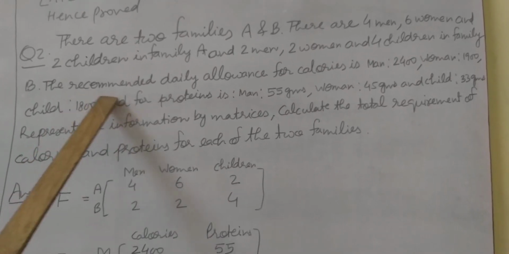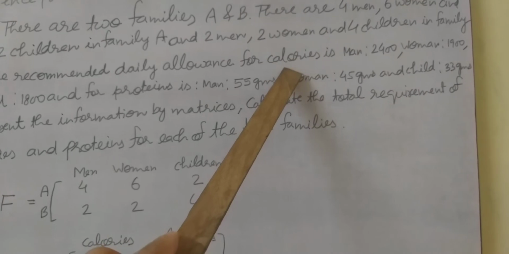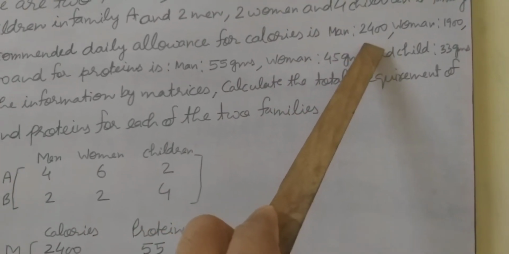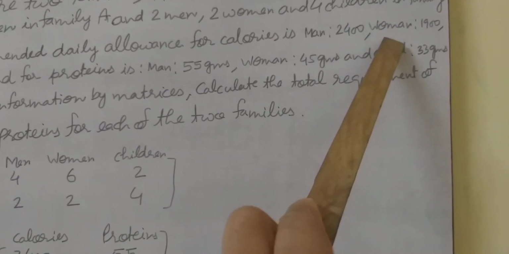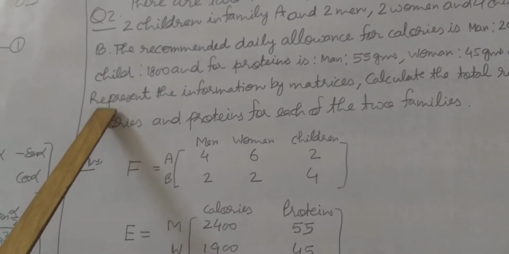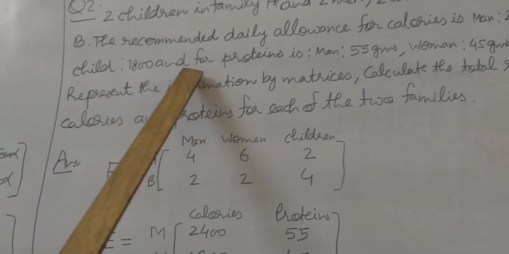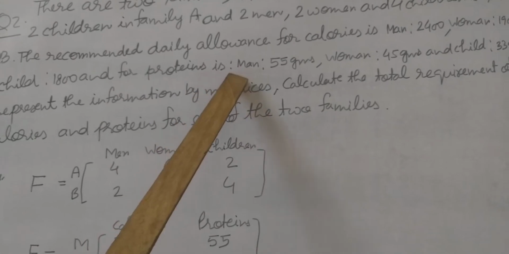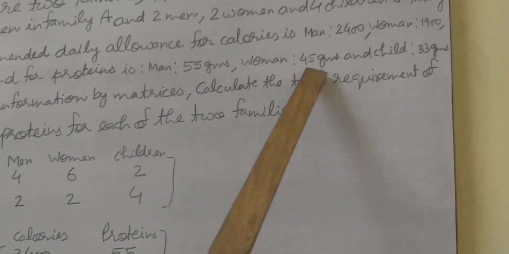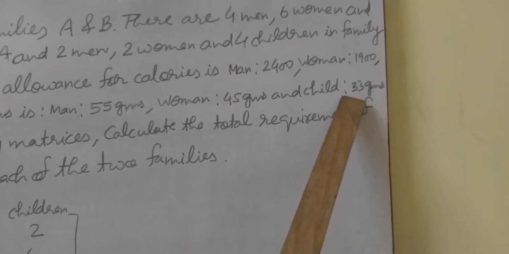The recommended daily allowance for calories is, for men student, 2400, women 1900, for a child 1800, and for protein is man 55 gram, woman 45 gram and child 33 gram.